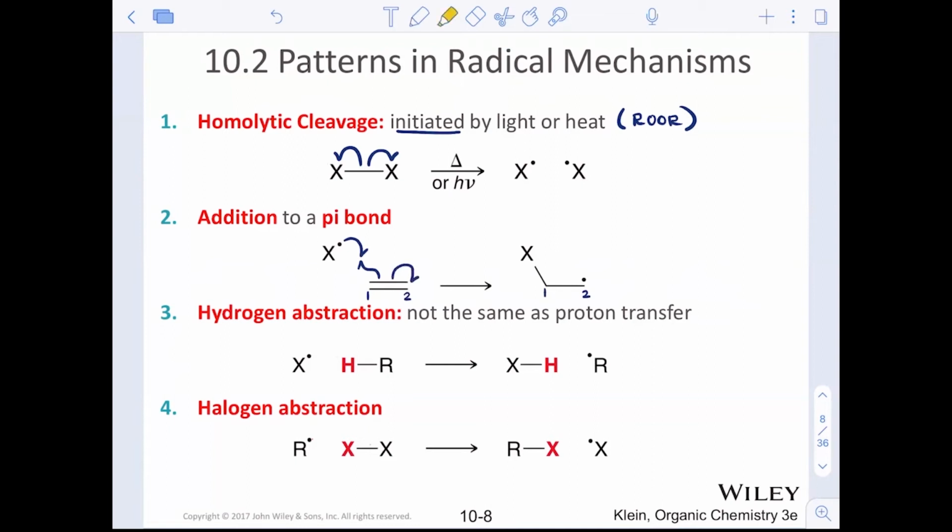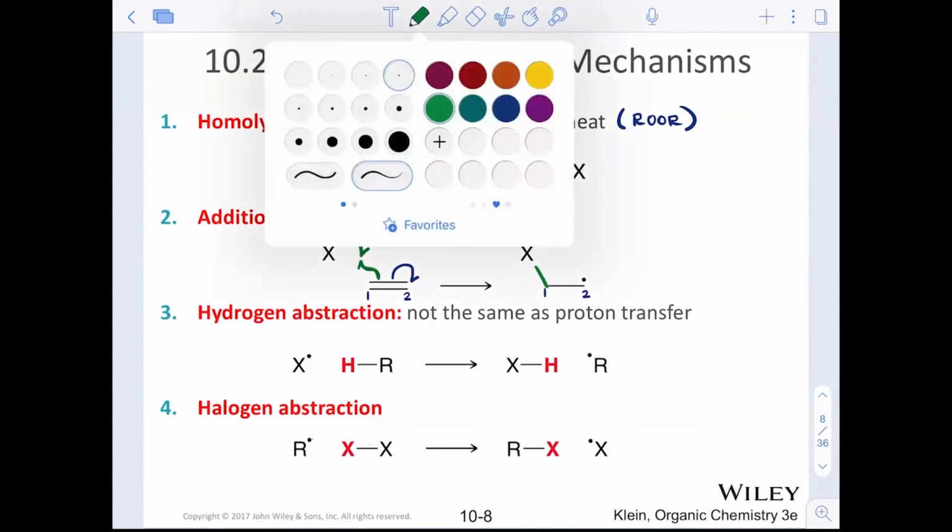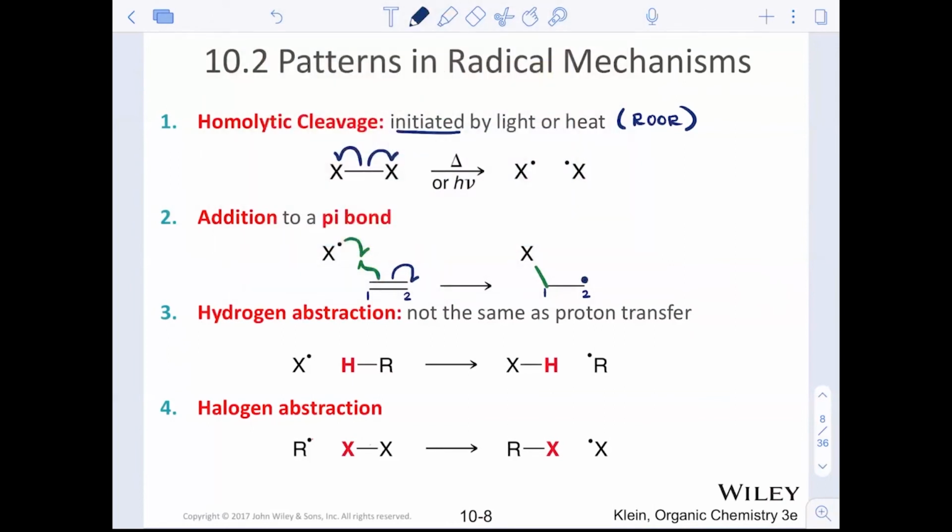A couple of things just to note, these two arrows, I'll highlight them in green, are making the new sigma bond from the pi bond, and carbon number 2 gets the leftover electron as a radical. That radical right there.